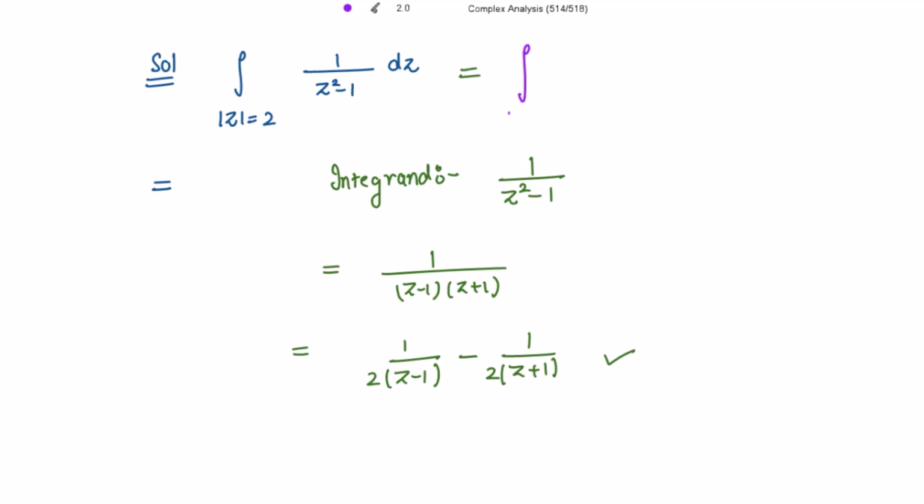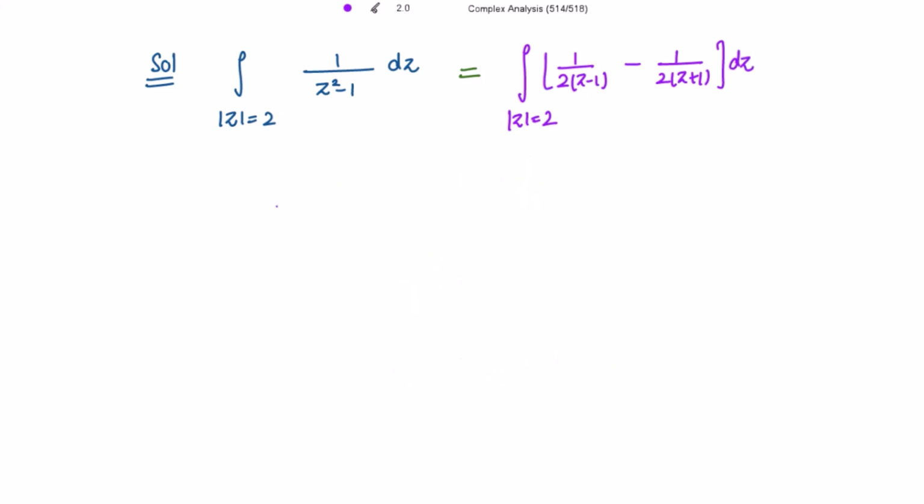So this is the integration over the circle, and writing the integrand 1 divided by 2(z minus 1) minus 1 divided by 2(z plus 1) dz. Separating this, let's take 1 by 2 outside and separate the integrals. So this is the integral of 1 divided by (z minus 1) dz minus the integral of 1 divided by (z plus 1) dz.